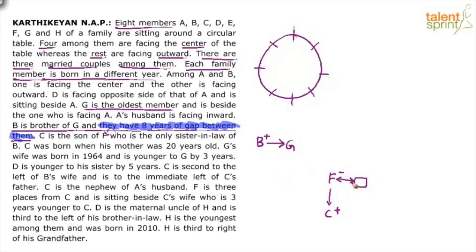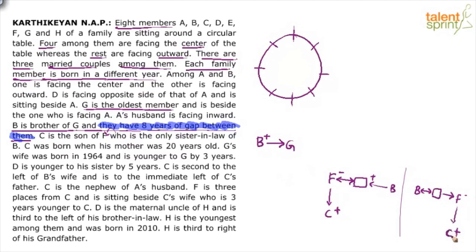Then F is married to some male. Or it could be the other way: B is married to someone whose sister is F and F's son is C. You getting it?